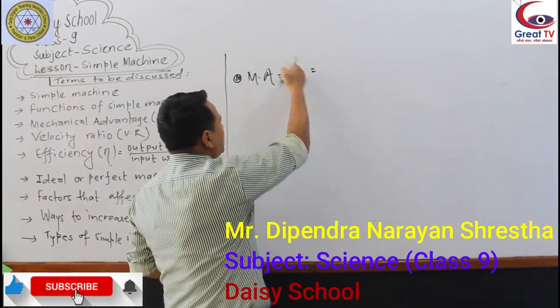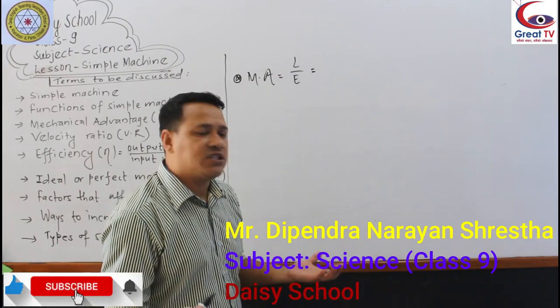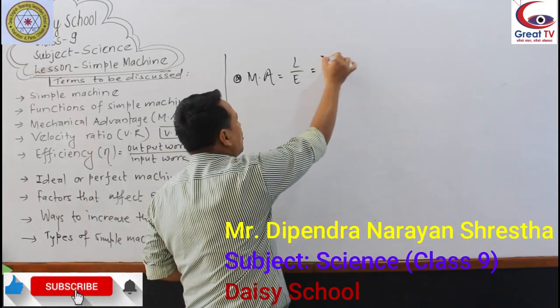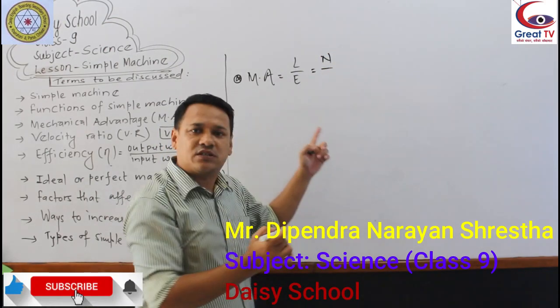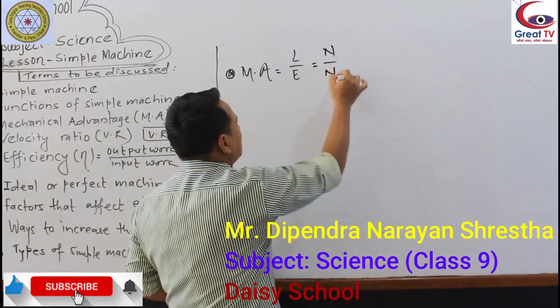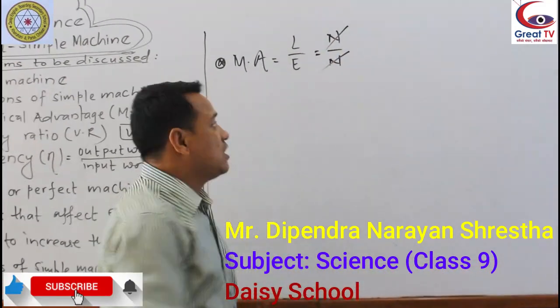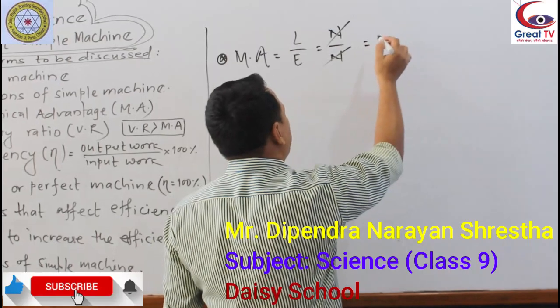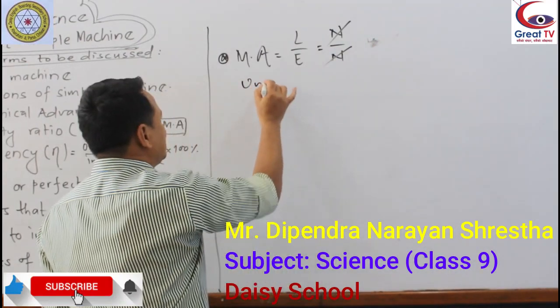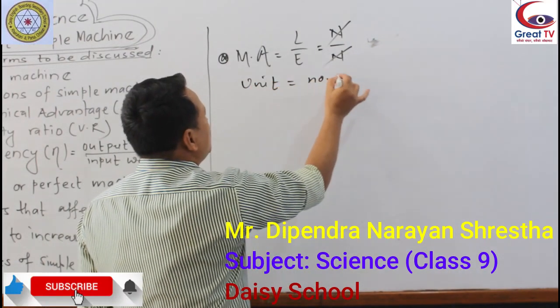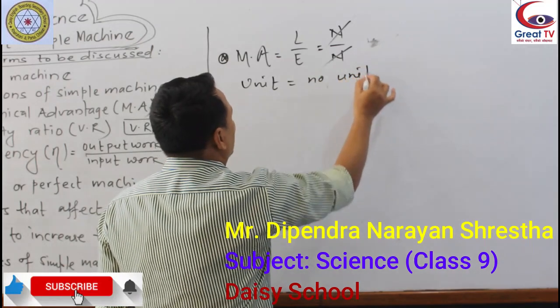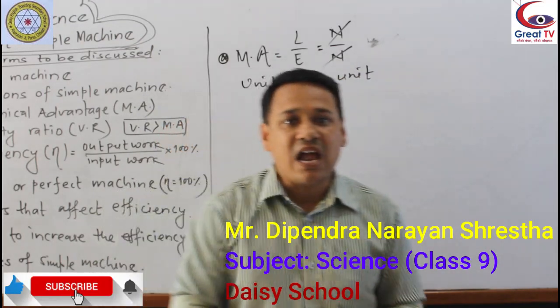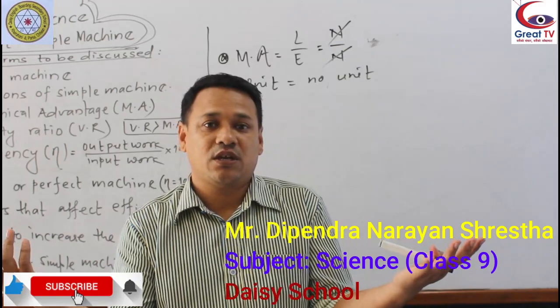You know, the unit of load is Newton, and the unit of effort is also Newton. Then Newton cancels, so the unit of mechanical advantage: no unit.